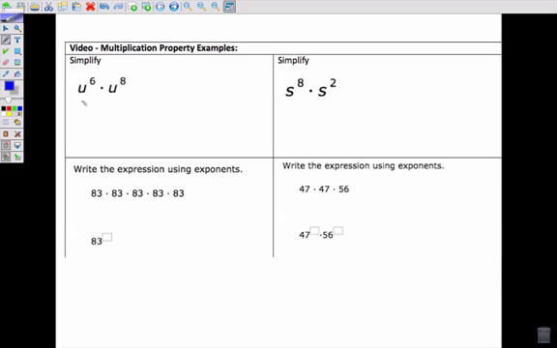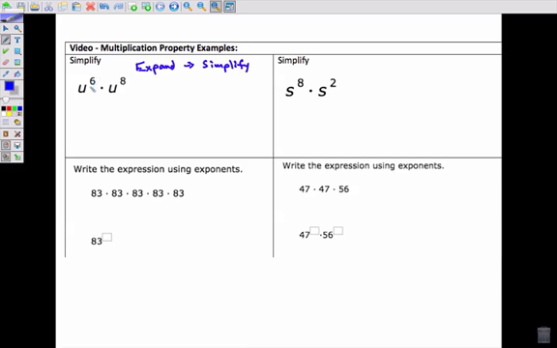The first one you have here is u to the 6th times u to the 8th. I'm going to show you two different ways to do this. The first way is to expand this and then simplify. So first I need to expand each one of these.